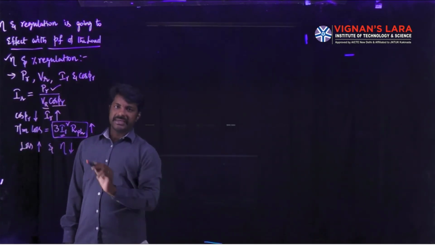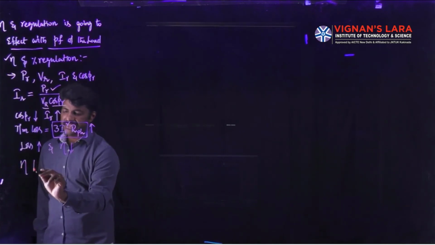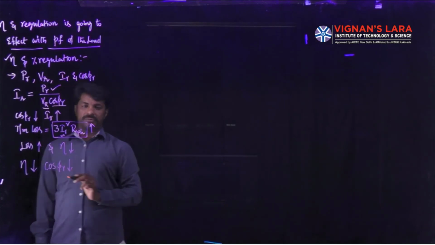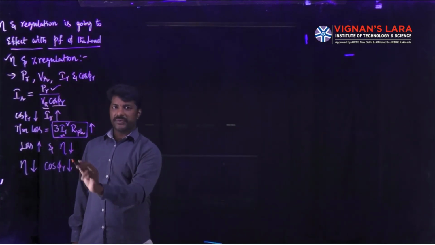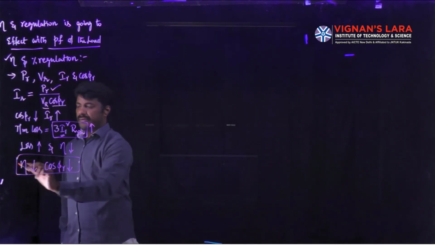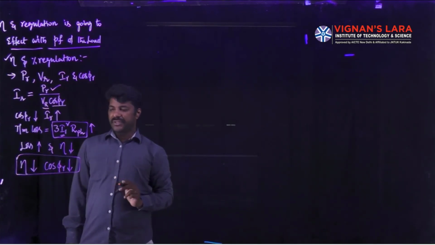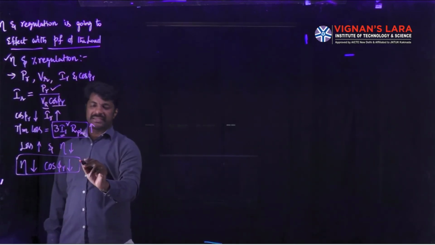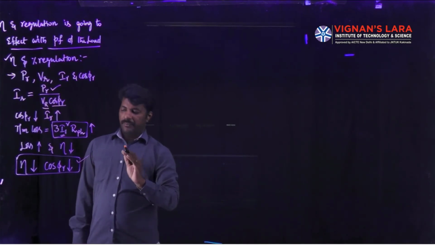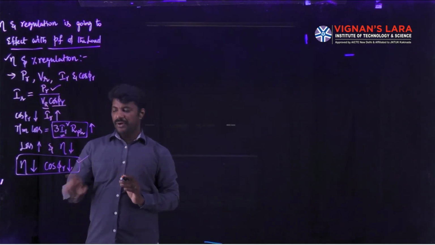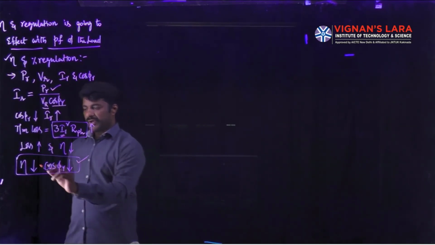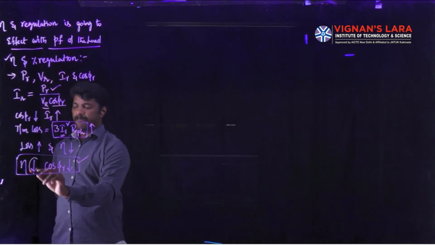Finally, we can say that the efficiency decreases with the reduction in the power factor of the load. That is why we have to see that the load power factor should not be decreased beyond a certain value, to keep the transmission efficiency better.